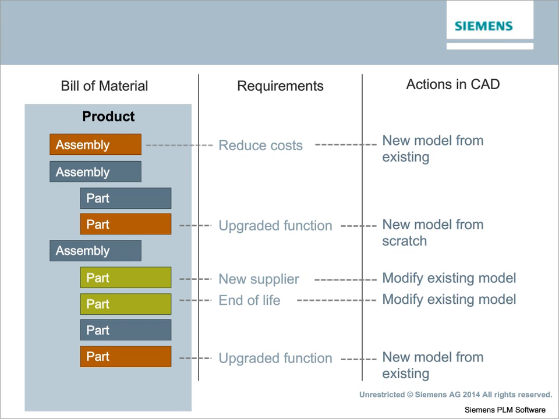It can be for cost reduction in assembly, or an upgraded function, or because a new supplier is being identified to supply the part which requires a slightly modified fit, or due to the end of life of a part from an existing supplier. All these requirements will be translated into actions needed to be taken in the CAD platform, such as creating a new model or modifying an existing one, or an entirely new model in some cases.